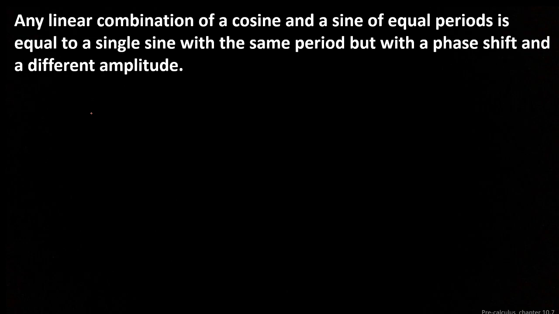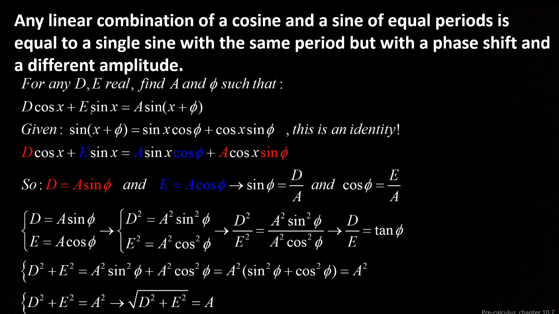Okay, so how do we do these? Well, we're going to look at that right there in order to be able to do it. So the way it is done is by converting a structure like this to something simple so we can actually solve for sine.